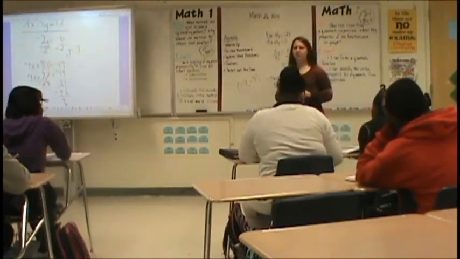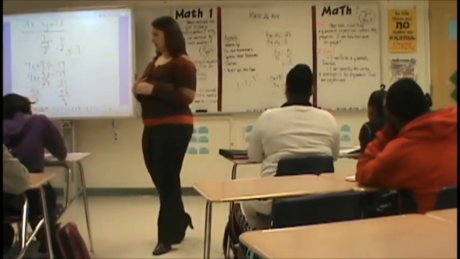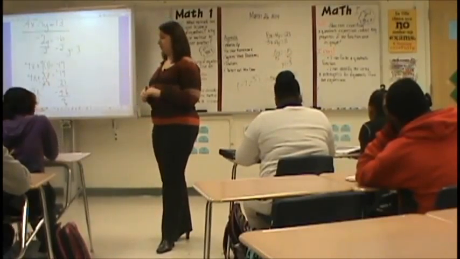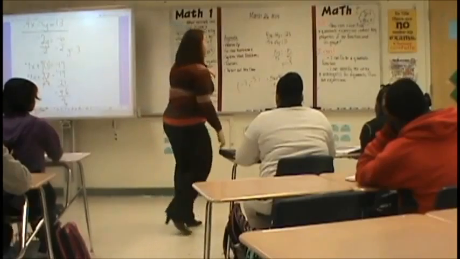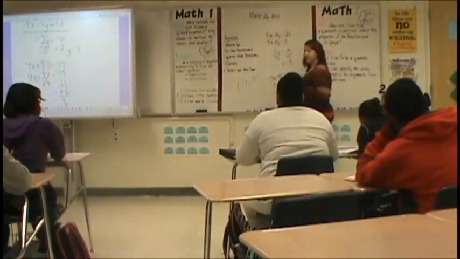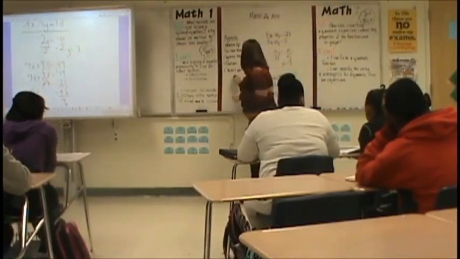Where was the confusion? Because there was a lot of you that said you weren't sure about that one. It doesn't matter which one you plug it in. Guys, once you solve for this first variable, it doesn't matter which equation you plug it in. So Jordan did the second one, right? Say I choose the first one.